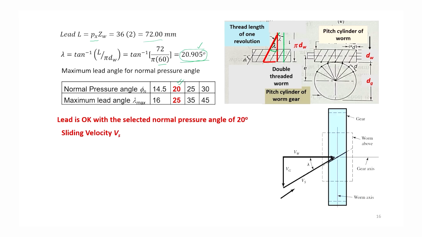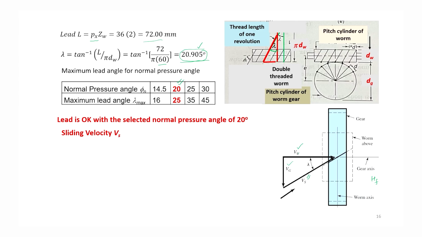Now, as we know that in the case of worm and worm gear, there is appreciable amount of sliding, and so we must know the sliding velocity, because this sliding velocity will give you the coefficient of friction, and from that we will find the amount of power which is lost. The Vs can be obtained from the pitch line velocities of the worm and the gear.